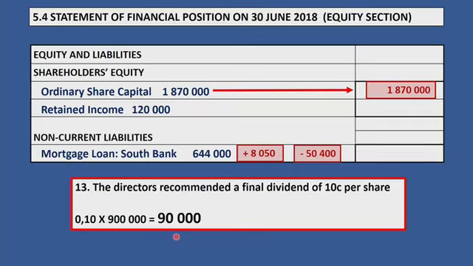Let's finish retained income. A final dividend of 10 cents per share, if you calculate it yourself in your own time. Remember, if you're not caught up, stop the video and first catch up when you do this yourself. This 90,000 will be reflected as follows. And I wonder if after seeing video 1, the retained income note, you can now know what that is.